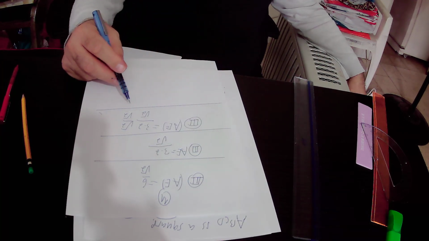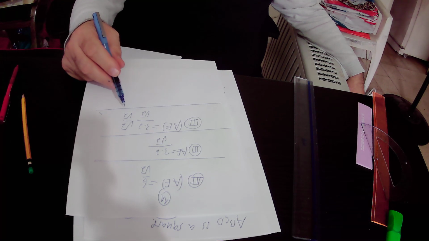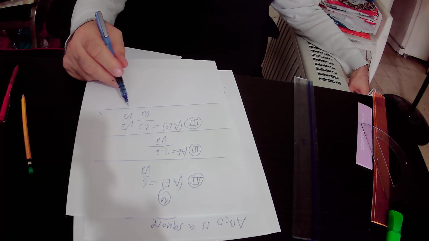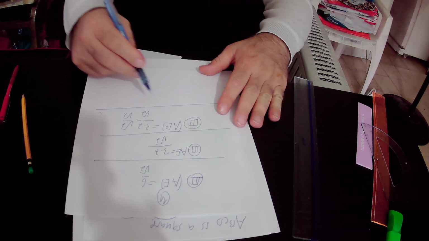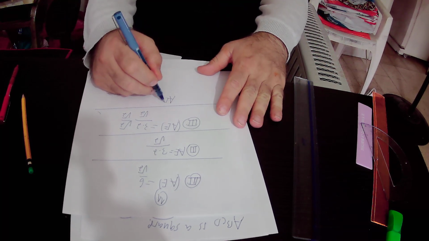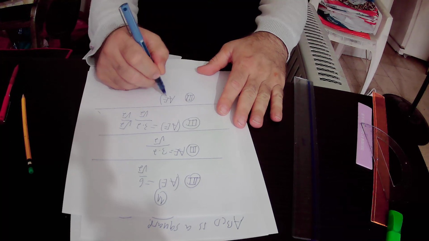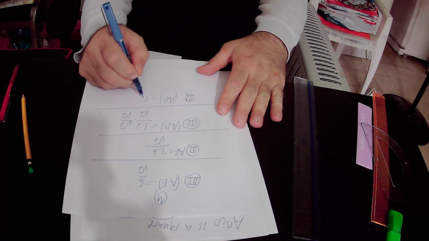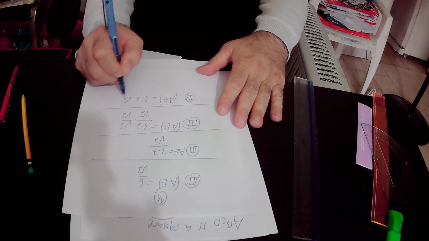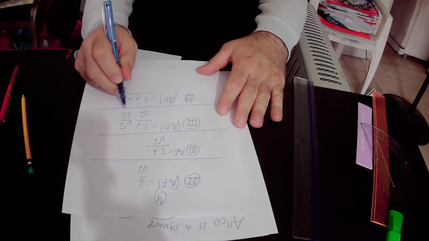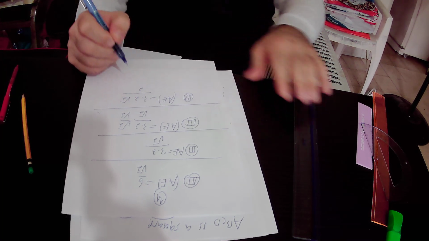In the denominator of this expression, we have square root of 2 times square root of 2, and square root of 2 times square root of 2 is 2. So I write it down, AE equals to 3 times 2 times square root of 2, and square root of 2 times square root of 2 is 2.